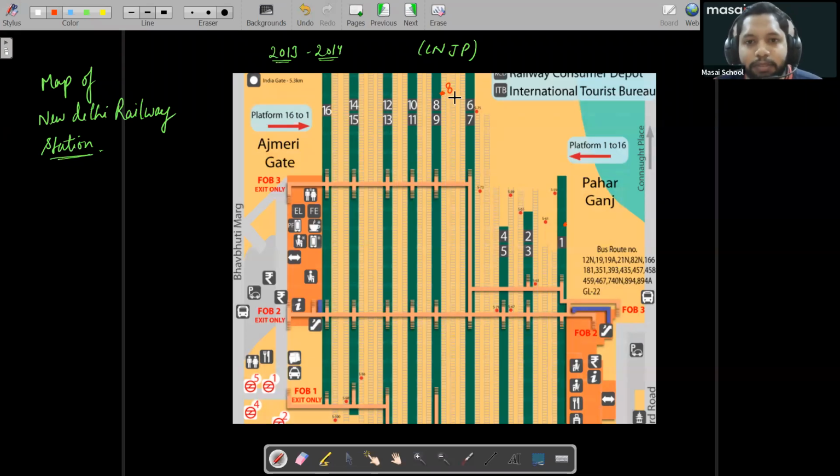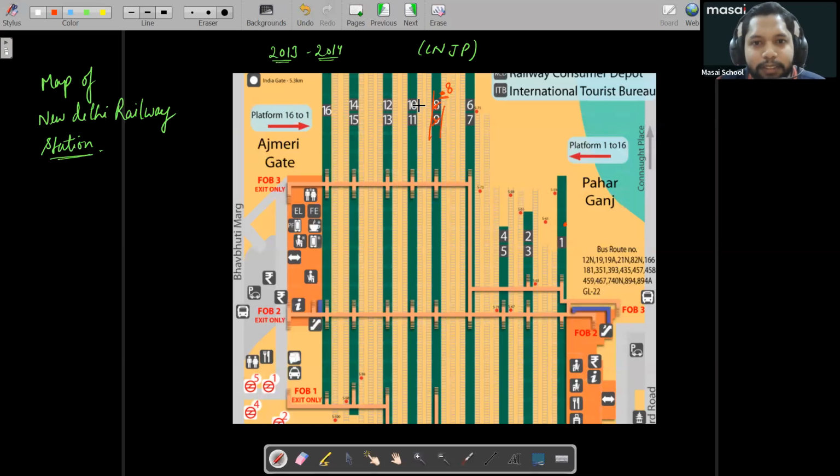My father asked me about the platform number, because it was not a wheelchair, it was a different type of car. But there was no platform number written there, or it may be possible I was very nervous at that time, so I was not able to see any platform number.